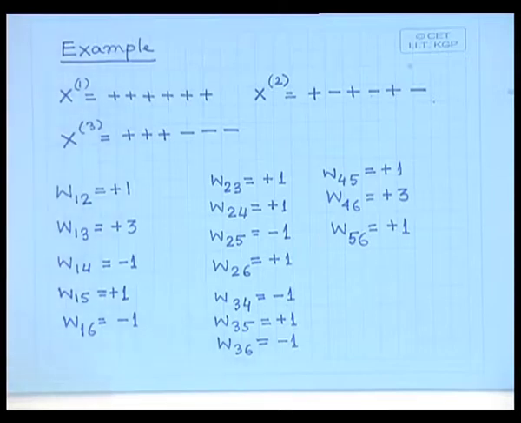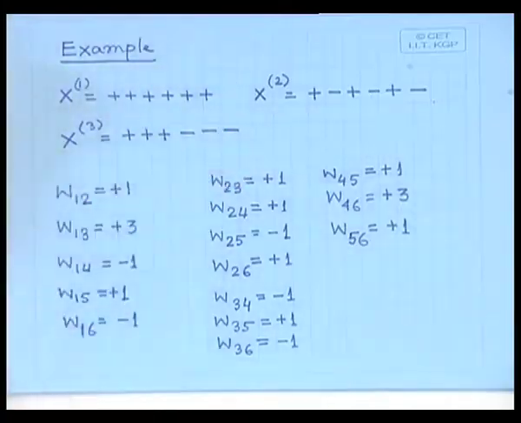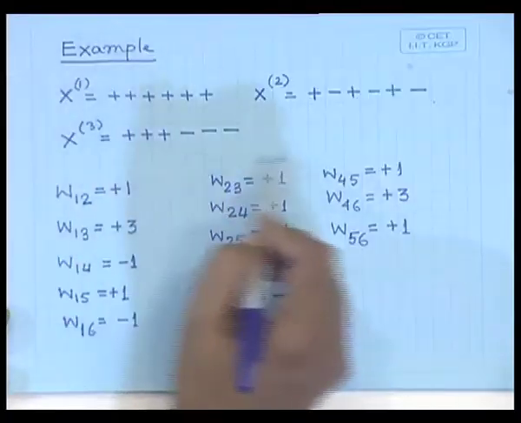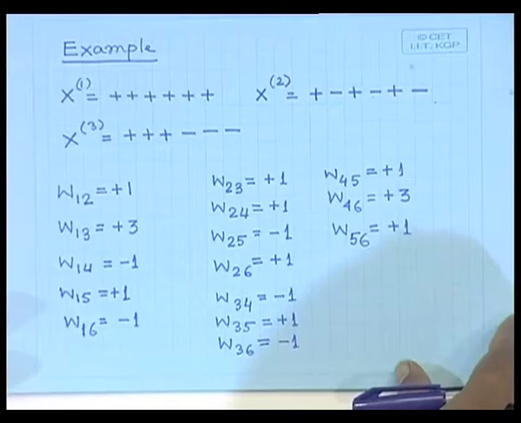Once I have these weight vectors, if I feed in an unknown feature vector, then after iteration, when this network converges, it will give me an output vector which will be one of these 3, the one closest to the input feature vector that you have presented, even if the input feature vector is not one of these 3. So, it will try to extract the stored pattern which is closest to the input vector.